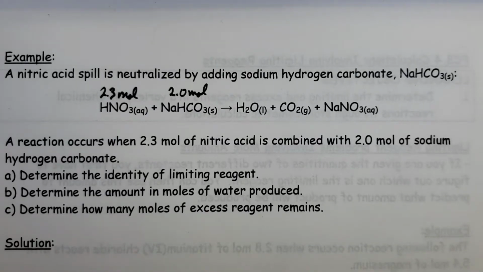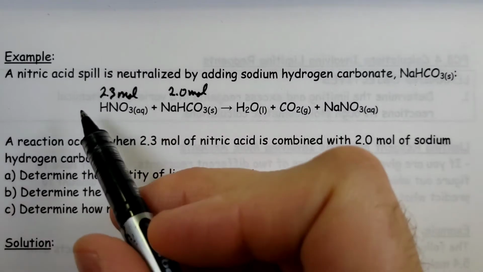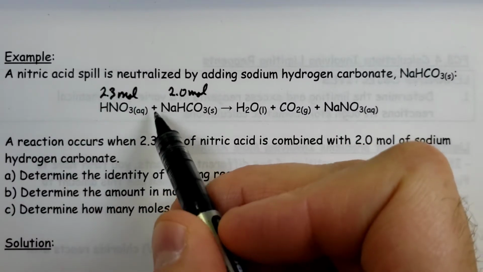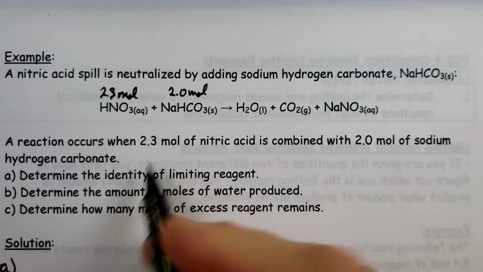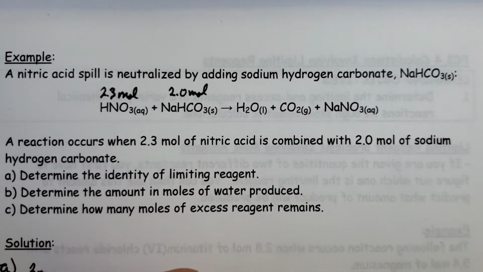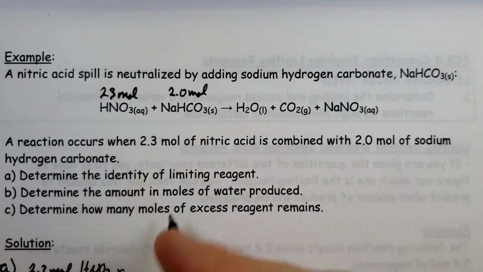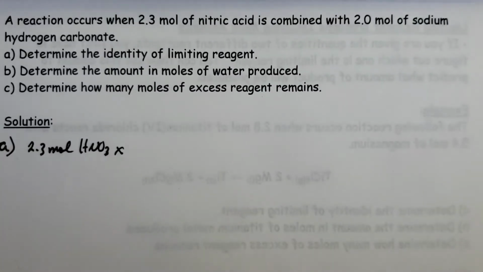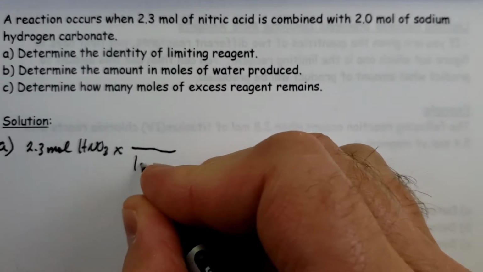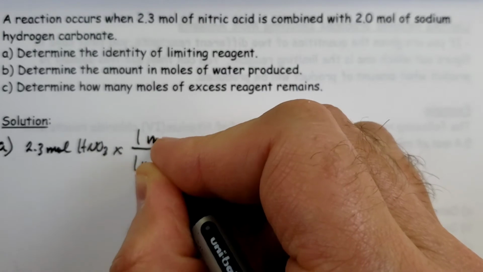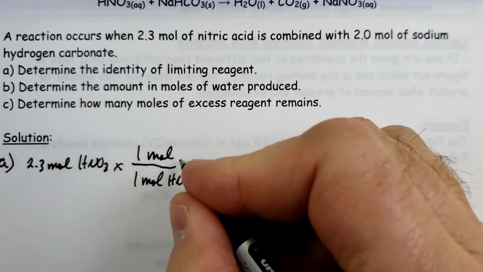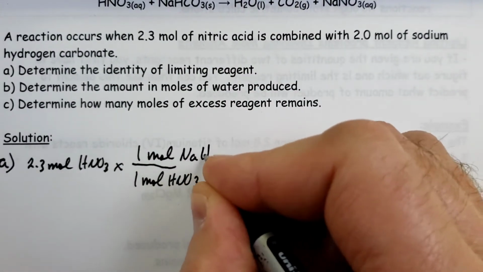So this next example is the one I left you with, and it's kind of an easier one because it turns out to be a 1-to-1 ratio here. So if you look at part A here, figuring out what the limiting reagent is, again, if I start with 2.3 moles of nitric acid, 1 mole of nitric acid requires 1 mole of sodium bicarbonate.